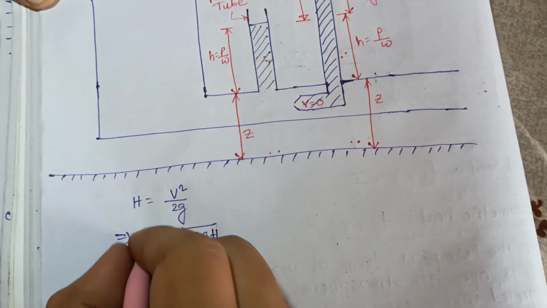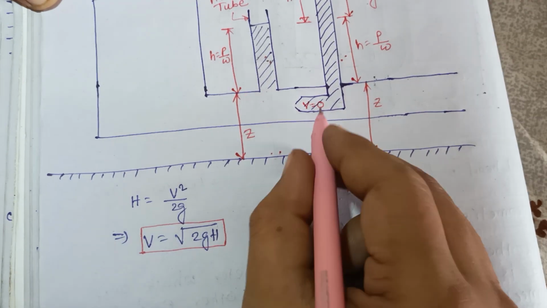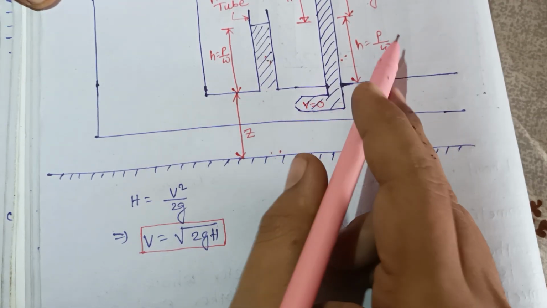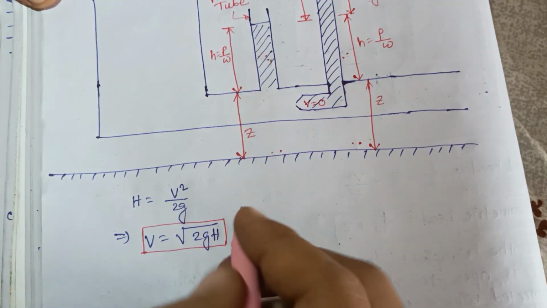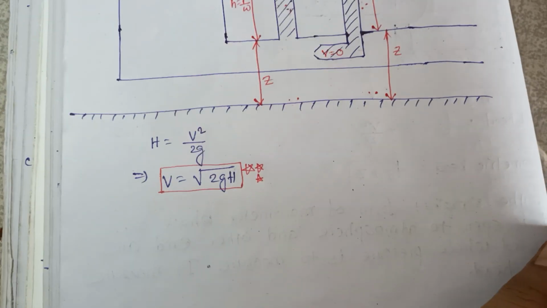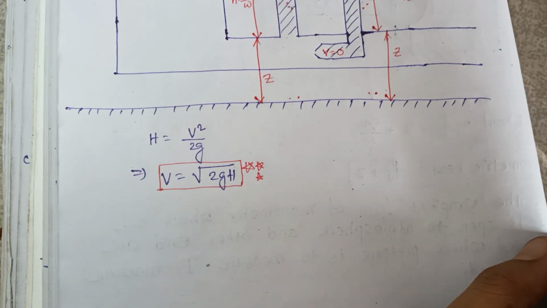So if you want to calculate the velocity at this section, if you install a pitot tube, from this equation you can calculate the velocity. This is an important one, just remember this thing.